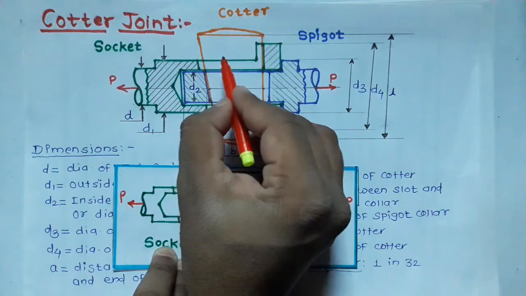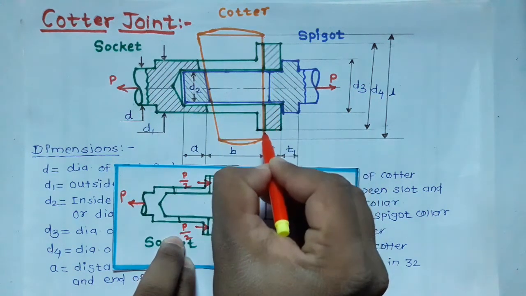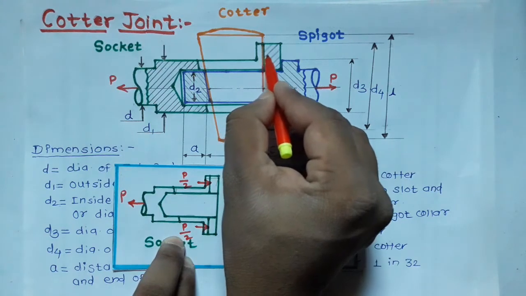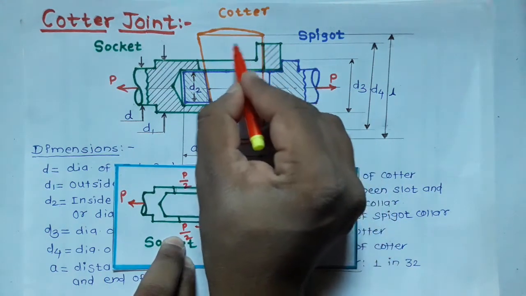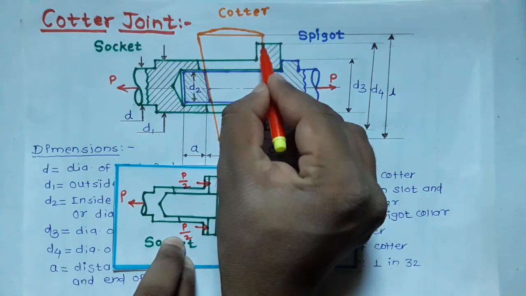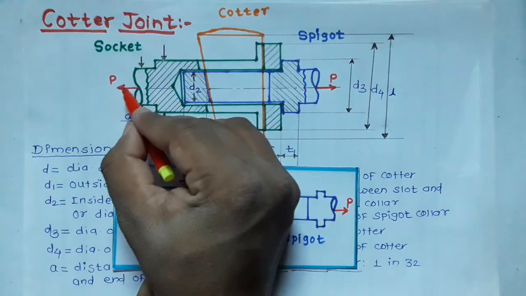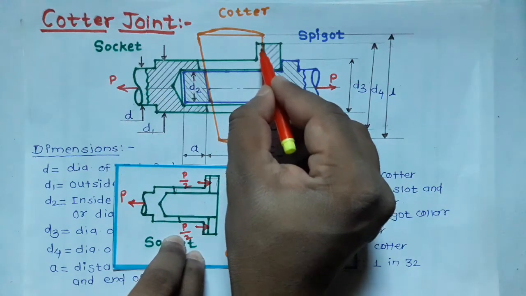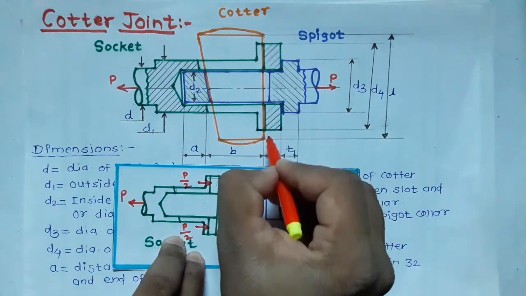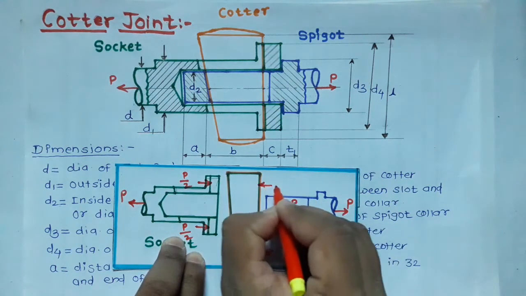So this socket exerts force on these two faces of Cotter, because the Cotter and socket are in contact along these two surfaces, and hence as the force is applied on socket towards left side, so same force is exerted or transmitted on the Cotter on these two surfaces. So we can show the two forces on this Cotter here.